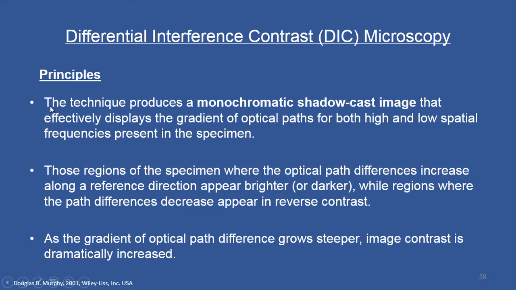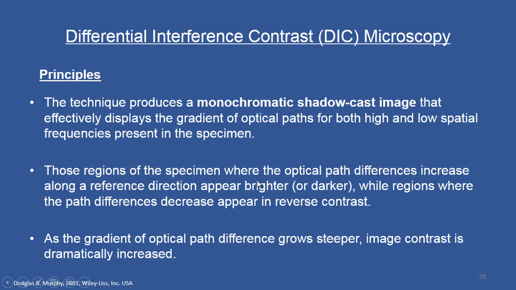Let us look at the other remarks on the principles of this technique. The technique produces a monochromatic shadow-cast image that effectively displays the gradient of optical paths for both high and low spatial frequencies present in the specimen.